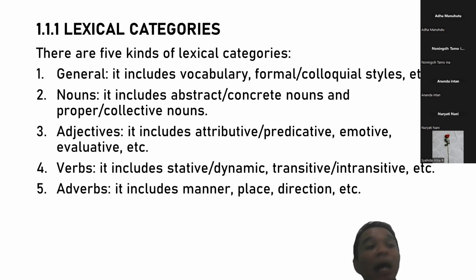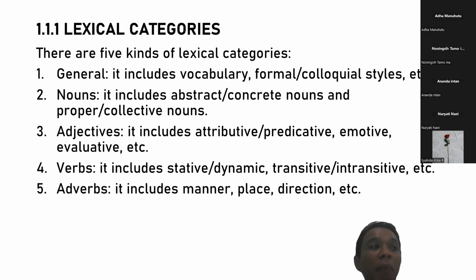And then the second one, nouns. It includes abstract or concrete nouns and proper or collective nouns. Okay, abstract nouns, maybe. Can you explain the abstract noun? Do you know what an abstract noun is?